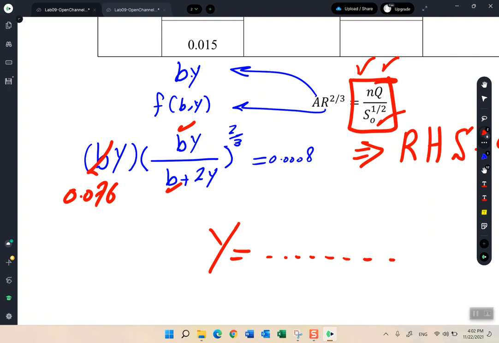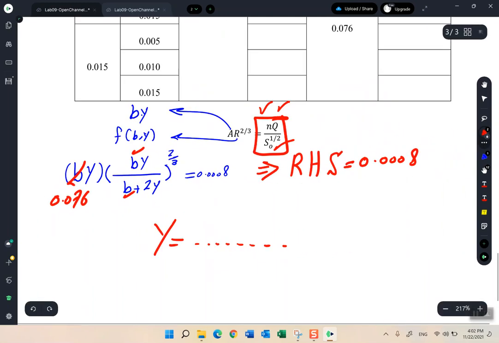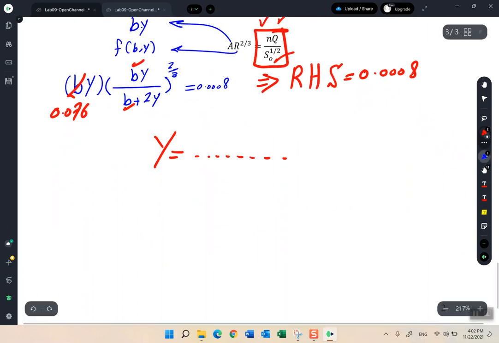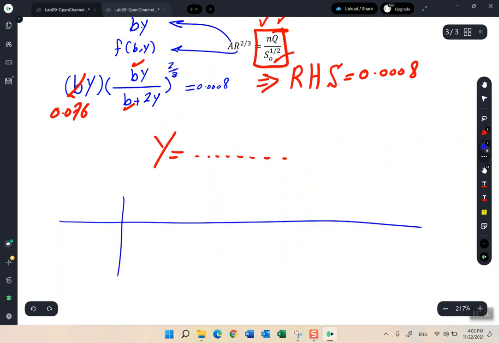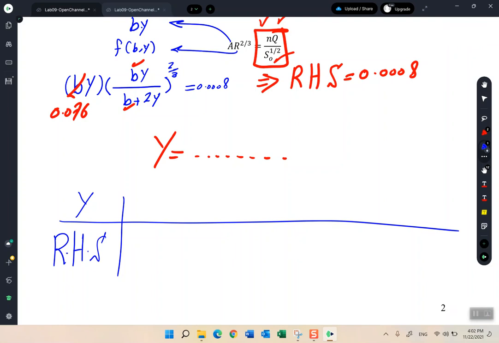So you will do some iterations. We call it trial and error. There are many ways to do it, but the easiest way is to use the trial and error approach. And what I mean by trial and error is you will start by assuming a certain value for y and check the right-hand side. Of course, y can't be negative, so the smallest value for y is 0, so let's just take it as 1 millimeter.